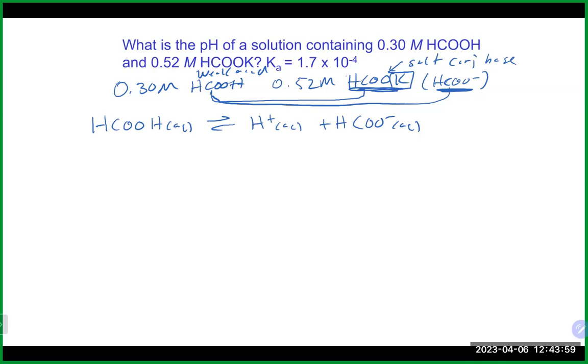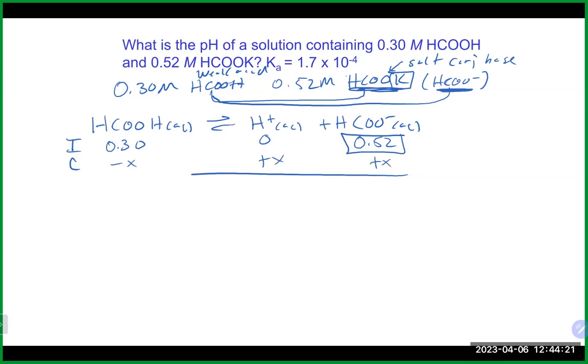So if you took the ice table approach, which you could have done like we did the previous one, you could have done an initial concentration of 0.3 for the acid, 0 for one product, and the important part here would be to make sure that you did have the 0.52 there. The change part would be minus x, plus x, plus x. This would go down into 0.3 minus x and 0.52 plus x.